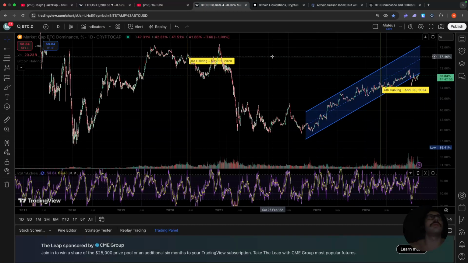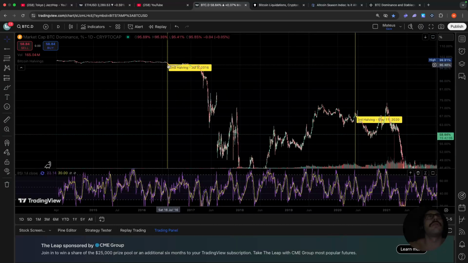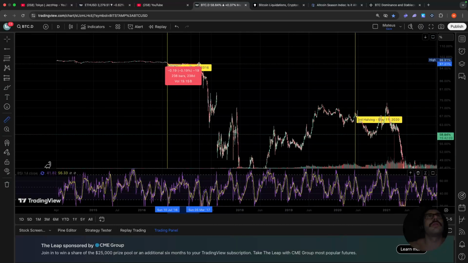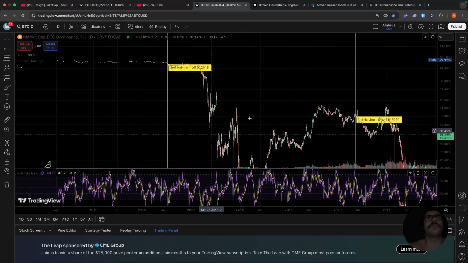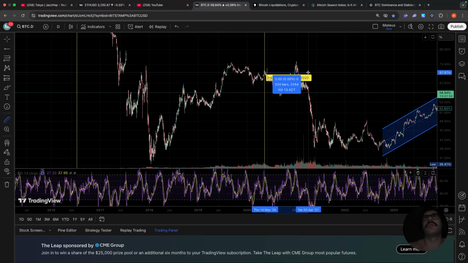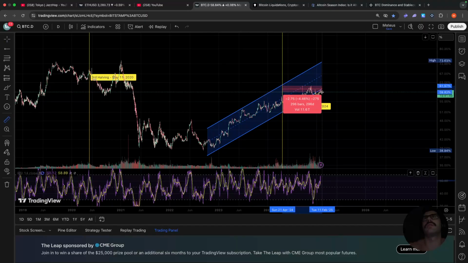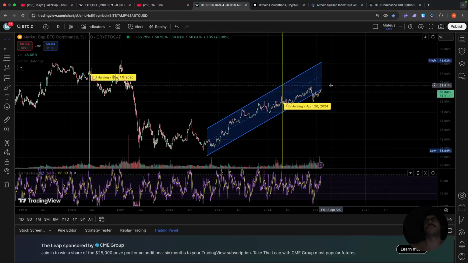And if we see the previous cycles, right? Bitcoin took around 240 days and then the dominance dropped a lot. And if we see here, around 316 days and the dominance dropped a lot. And now we are here at almost 300 days.